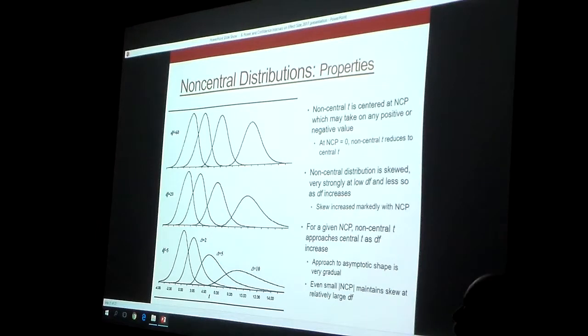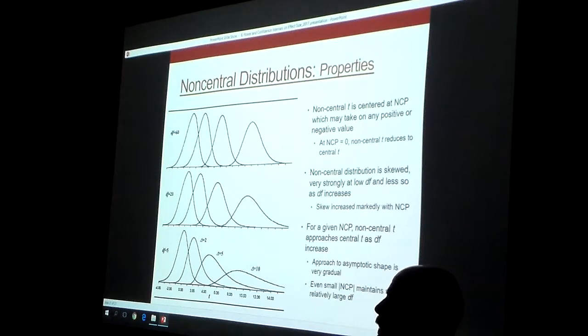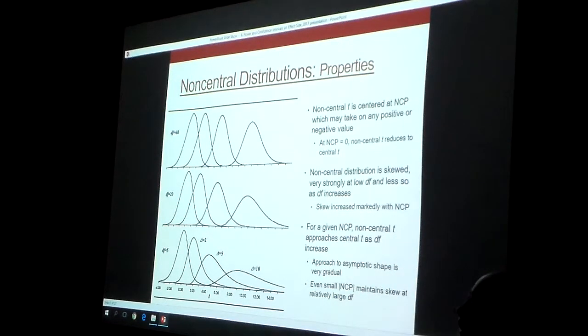Okay, and what did we talk about? Does anybody remember what's the impact of working with a non-central t distribution in terms of calculating our effect size intervals? What happens with this relative to, say, calculating a confidence interval around a mean using our central t? Yes, they're not symmetrical.